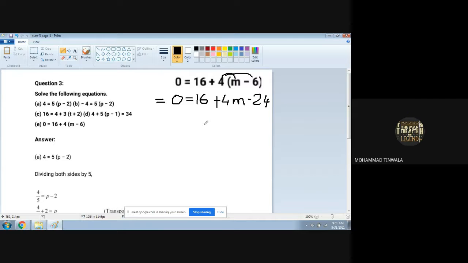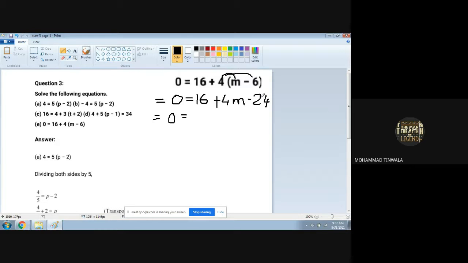No, sir. Okay. So again, 0 as it is equal to, now plus 16 and minus 24. Can you see here? A plus 16 and minus 24.